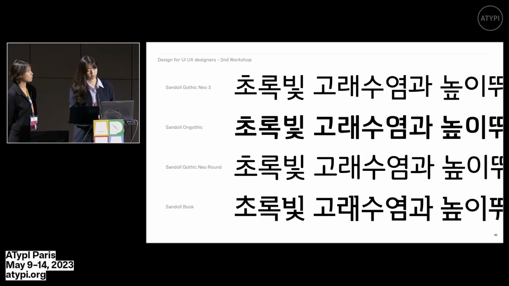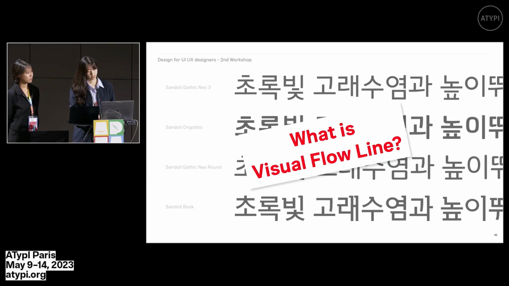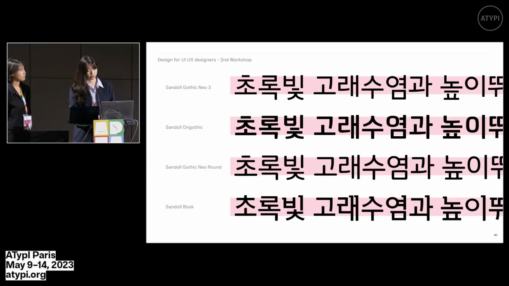The reason is many Hangul fonts have a visual flow line in the upper part. What is a visual flow line? May give you a headache. Let me explain. The visual flow line in Hangul is a virtual line that looks connected between characters.